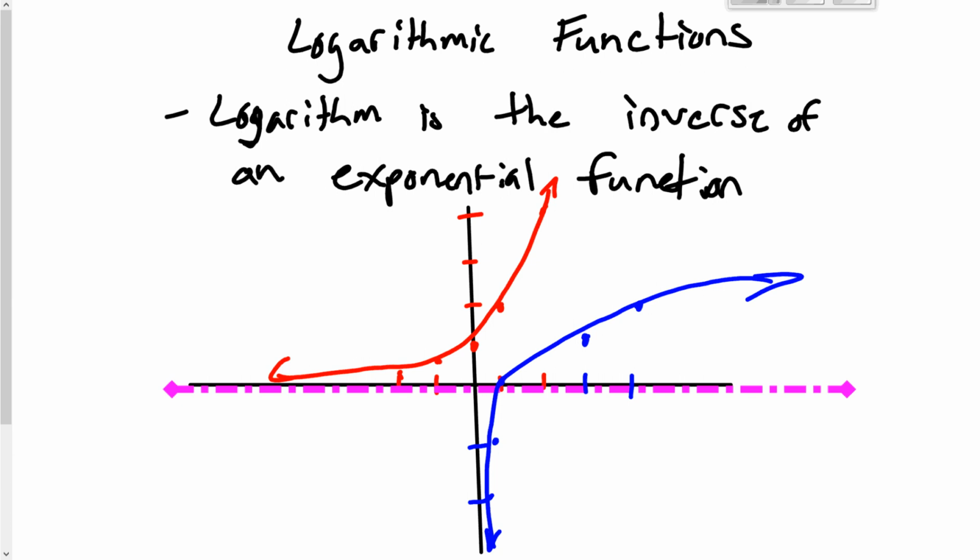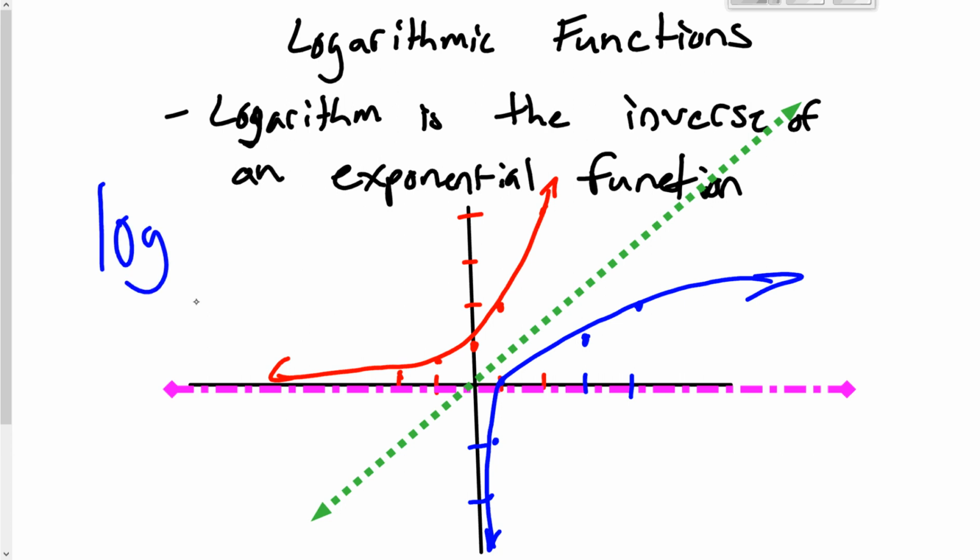So see that those are inverses of one another. They're reflected about this line, y equals x. And we notice that it doesn't cross this line, right? Because I can't take a log. There's no number that I can raise another number to that's going to get me a 0, right? I can't, a raised to what?